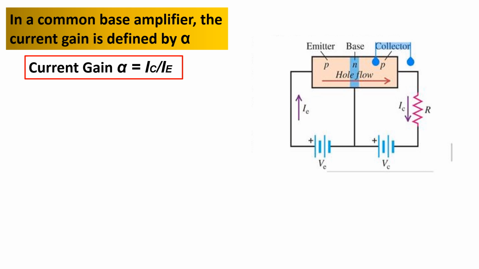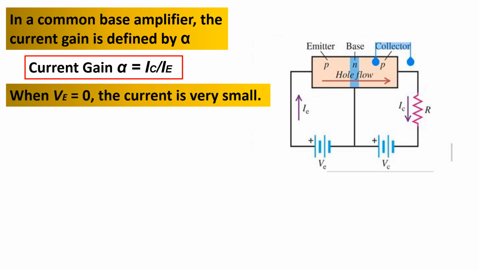What is amplified is not actually the current. So it is the voltage that is amplified. All right. For example, when the emitter voltage, labeled here as V sub E, that's when the input, is equal to 0, that means there is no current.